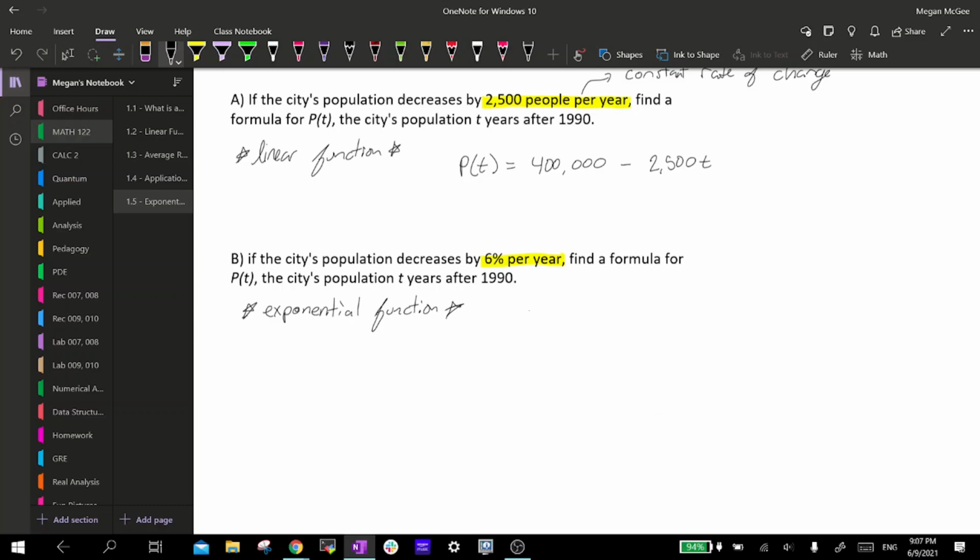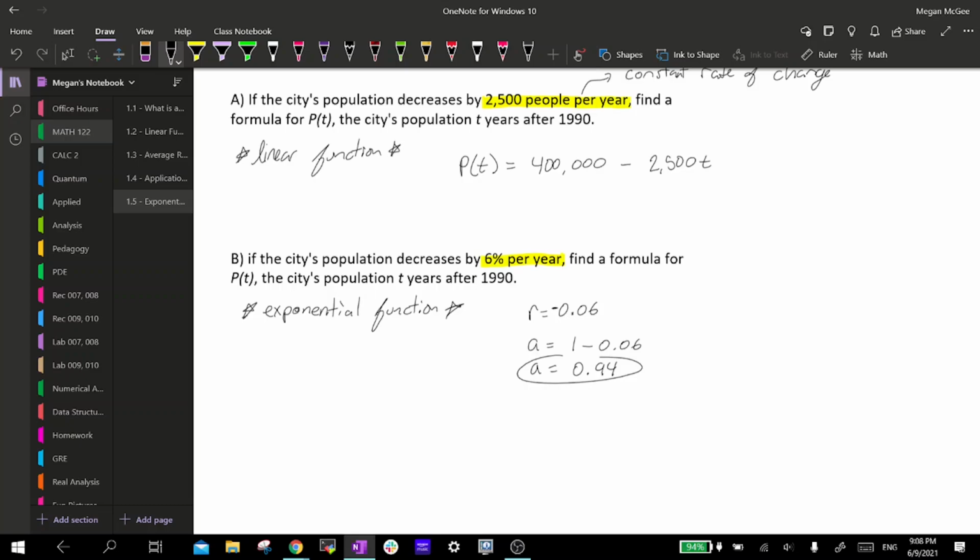Our rate is 6%, so that's 0.06. We know we are decreasing, so it's got to be negative. So a is 1 minus 0.06, so our a value is 0.94.